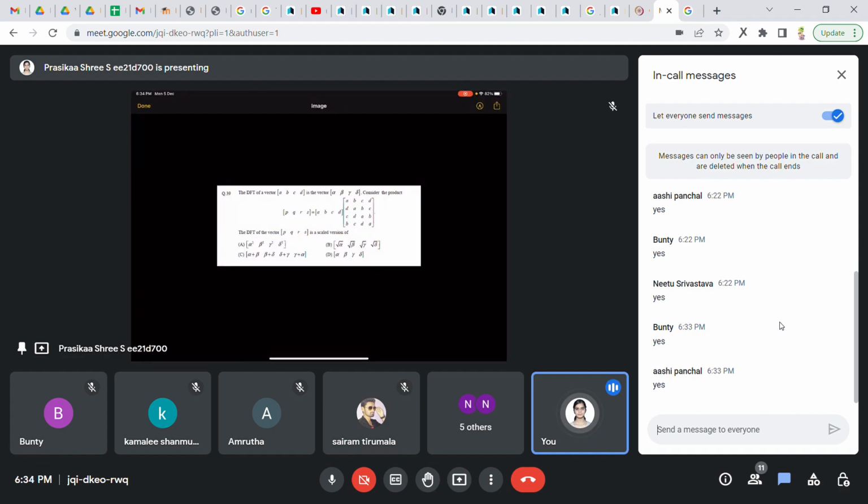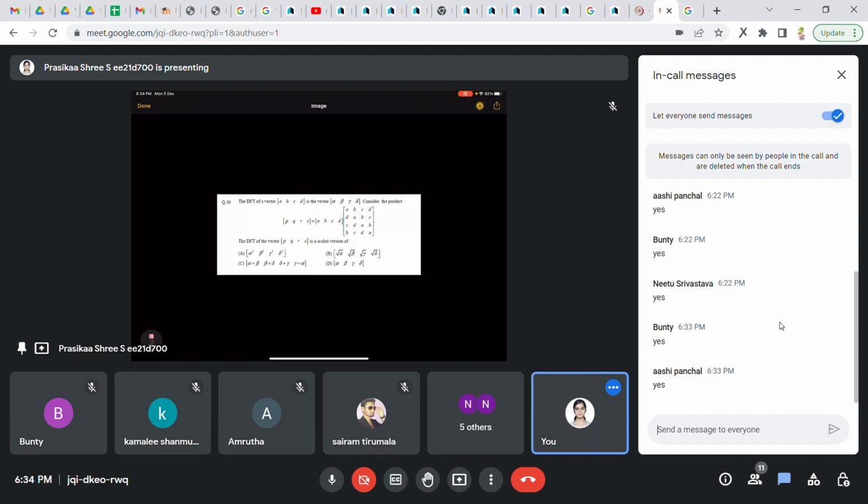They say that the DFT of a vector A, B, C, D is the vector alpha, beta, gamma. So the DFT of this ABCD is equal to some matrix they have given. Now they have defined some other vector PQRS with some relation between ABCD and one more matrix.